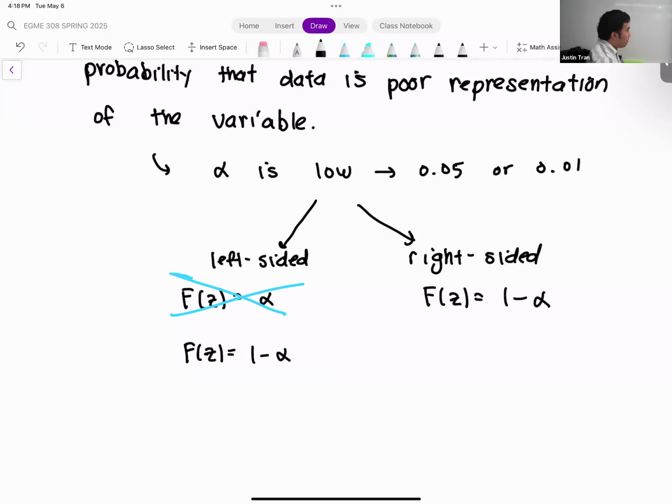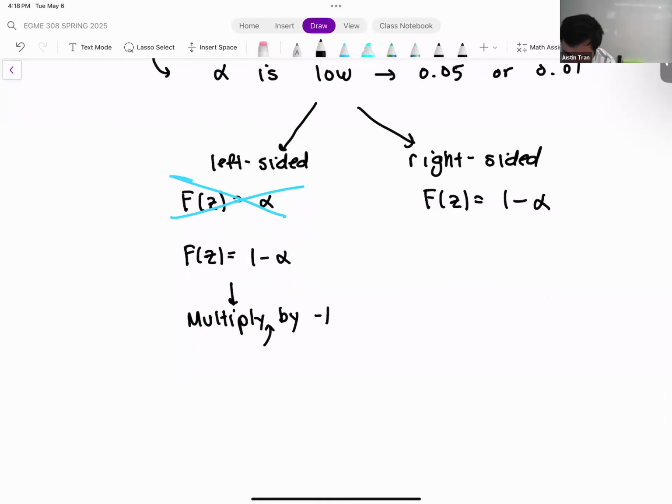And then eventually you're going to multiply that by -1. I should say multiply the table value by -1. That'll become clear in a second.